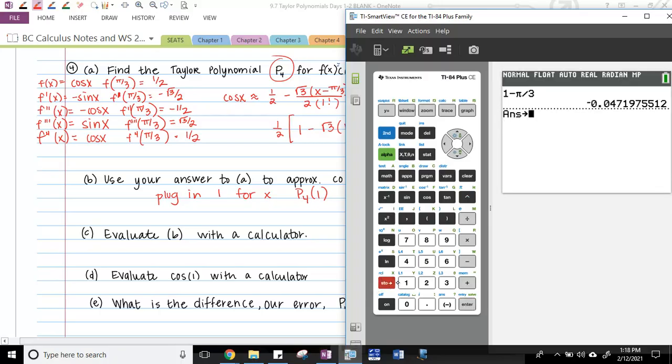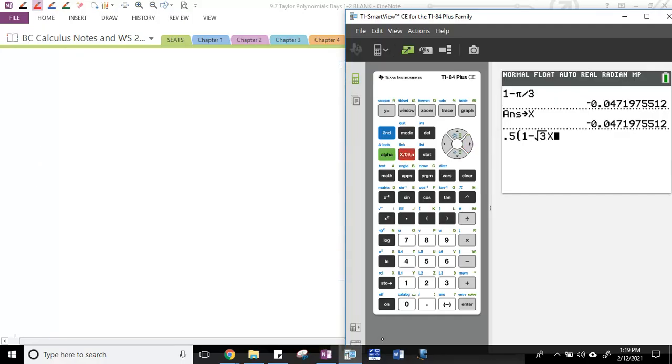Store that, store is next to 1, as x. All right, so now on my home screen, I'm going to say 0.5 times 1 minus radical 3. What I mean here is x minus pi over 3, but remember, I stored that value as x, so x.